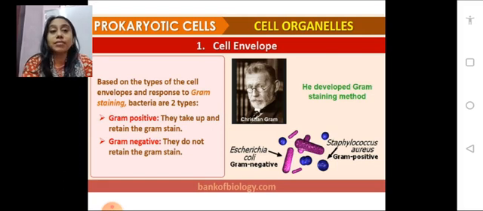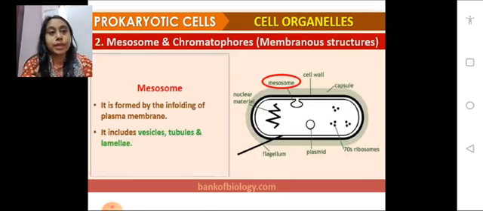You can see in the image, this person, Christian Gram, developed this staining method. Escherichia coli is a gram-negative bacteria that doesn't take this Gram stain, and Staphylococcus is a gram-positive bacteria. So this technique can be applied to identify what kind of bacteria is in our body, in the blood, etc.